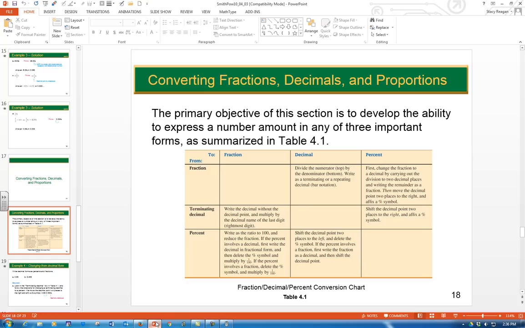So going back to our little chart, remember this is number 24, and it's asking us to change it to a decimal. So we would take 3/20, and we would say 3 divided by 20, and that would give us 0.15. And then to change it to a percent, we multiply it by 100, and we would put 15 and then put a percent sign beside it. So that's what we're going to do. So let's go look at a couple of those problems and do some of those together.